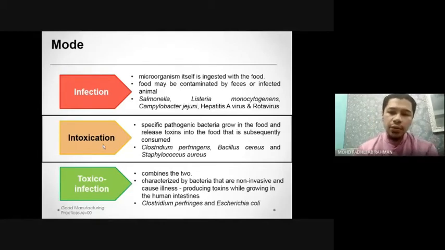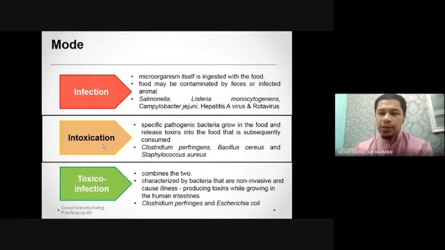The second mode is intoxication. Intoxication means that this specific pathogenic bacteria grows in the food and releases toxins. Compared to microbes through infection, microbes in this intoxication mode release toxin into the food, which is subsequently consumed.